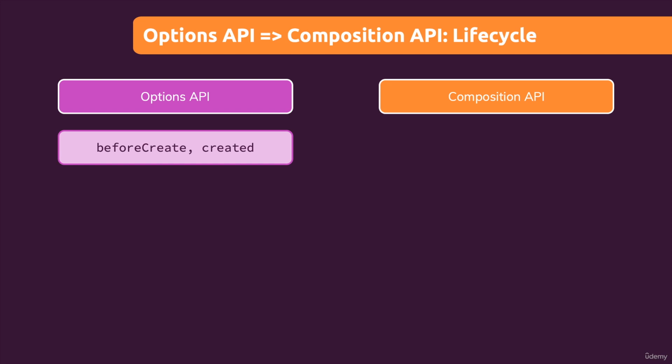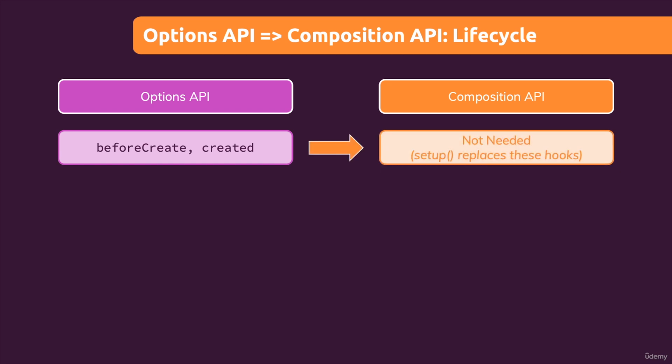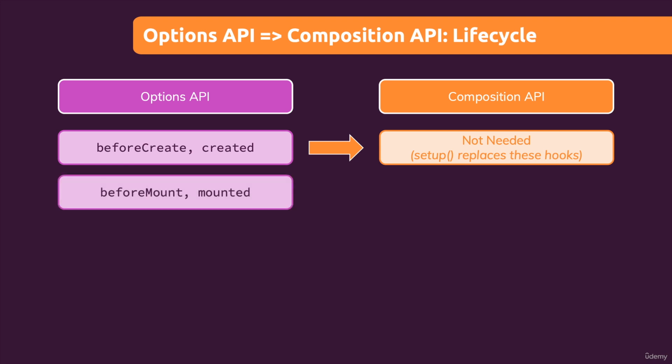But for beforeCreate and created, there actually is no equivalent because these hooks are not needed here, because the setup method basically runs at the same time beforeCreate and created ran in the past. So setup replaces these hooks. Whatever you would have done in created or beforeCreate should be done in the setup method itself.